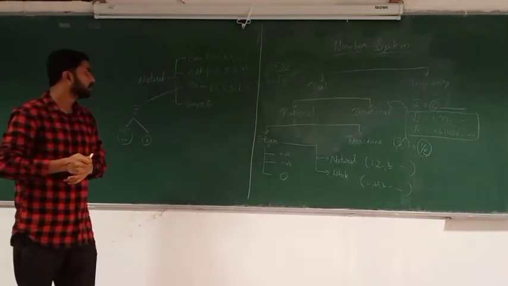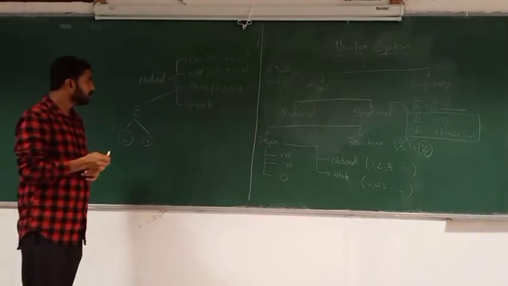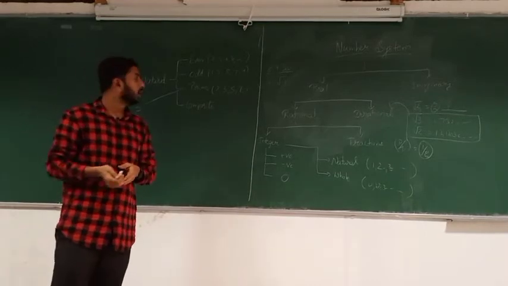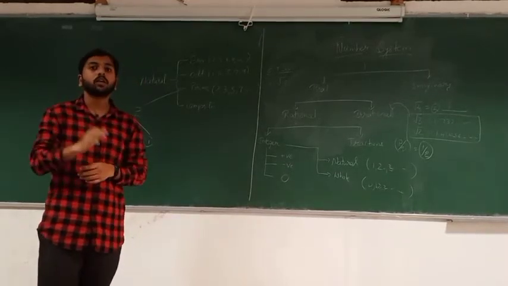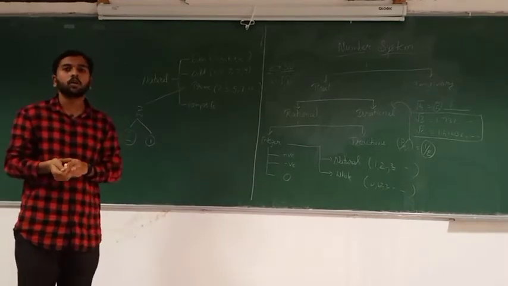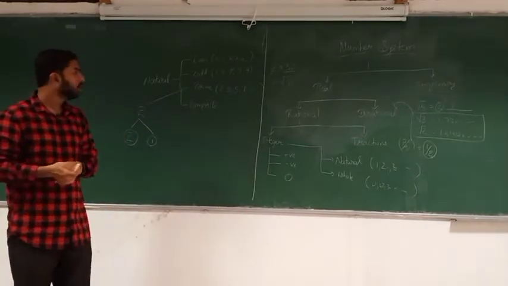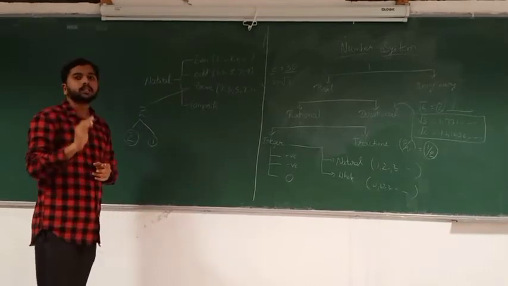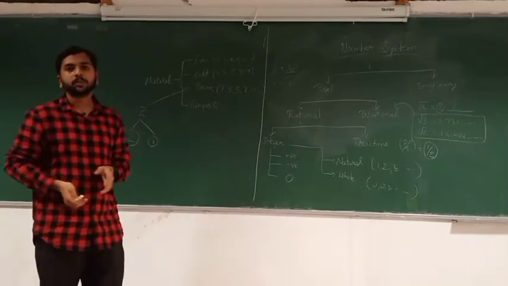And the composite numbers. What are composite numbers? The numbers which are other than the prime numbers are called composite numbers. Here we have to know that 1 is neither a prime number nor a composite number.